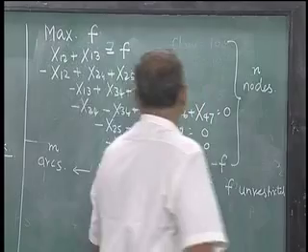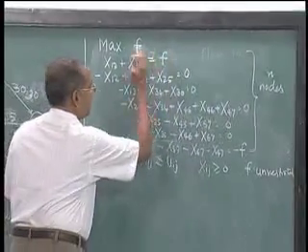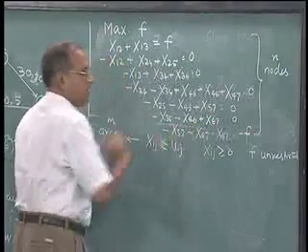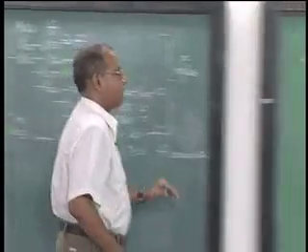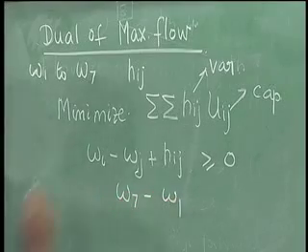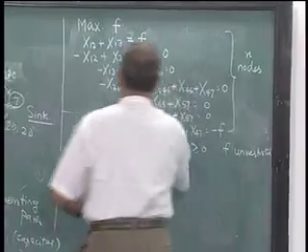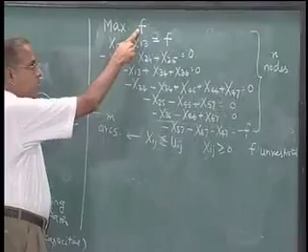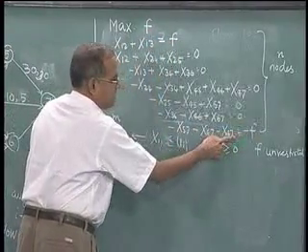Now, there is also this variable f. This variable f has already moved in here. So this will have W7 minus W1 equal to 1, because the objective function coefficient is 1. So this comes here with a minus sign, this comes here with a plus sign.